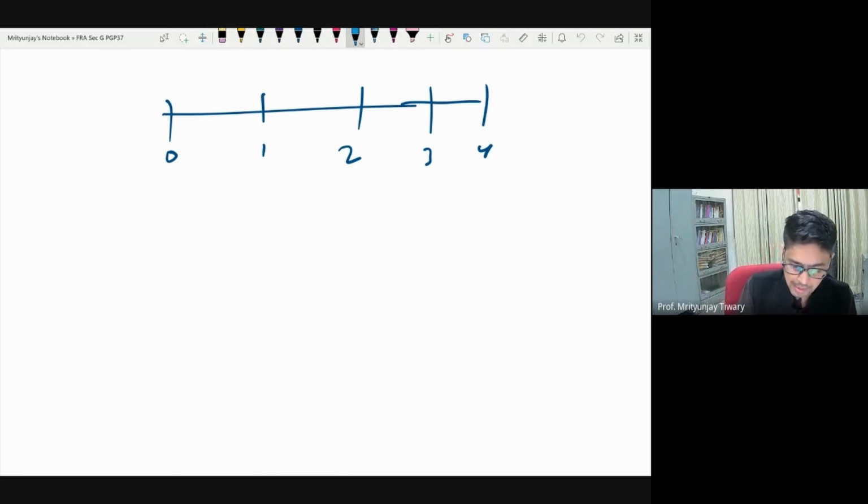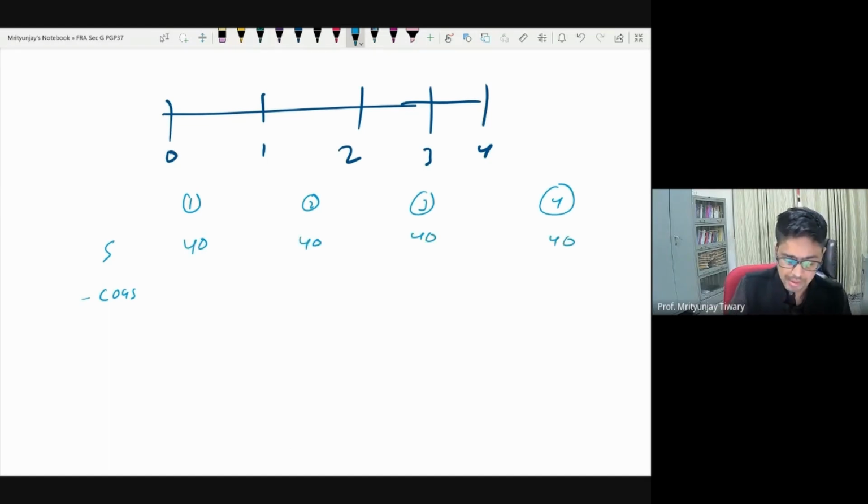Let me keep, for simplicity, sales and COGS the same for all the years, year 1, year 2, year 3, year 4. Let us say in all the years the sales is 40 lakh rupees. That means you couldn't push the sales up. COGS is 20 lakh rupees. That means operations also you couldn't improve anything. You couldn't reduce the cost. The only difference it is going to make is depreciation.